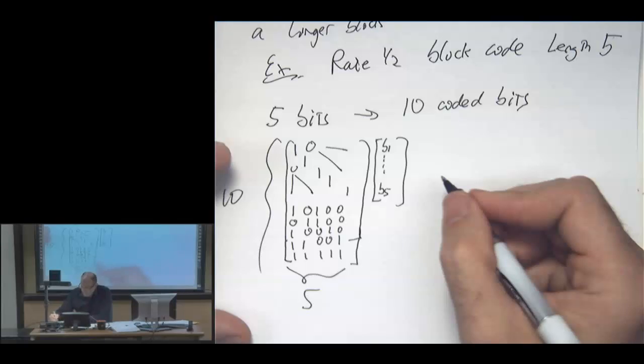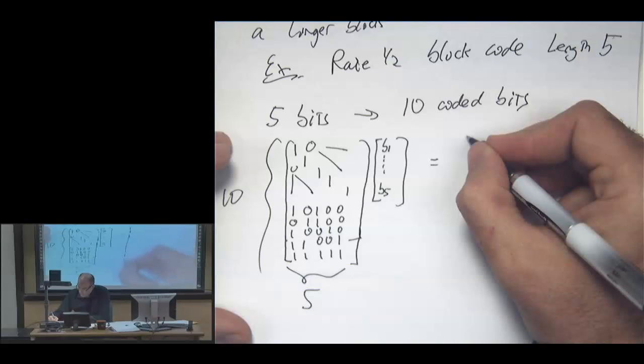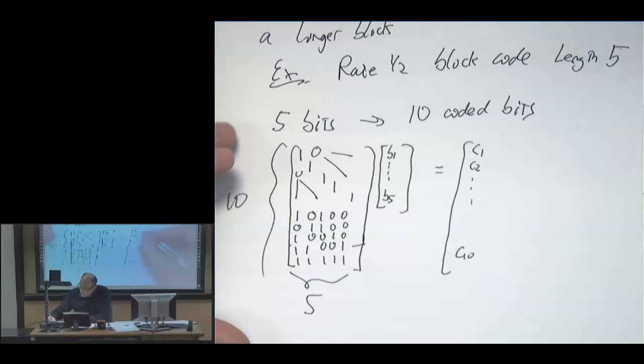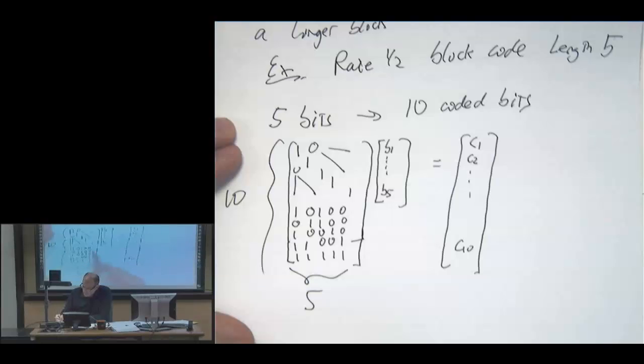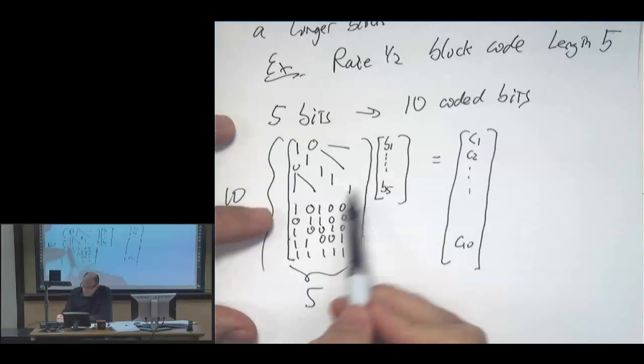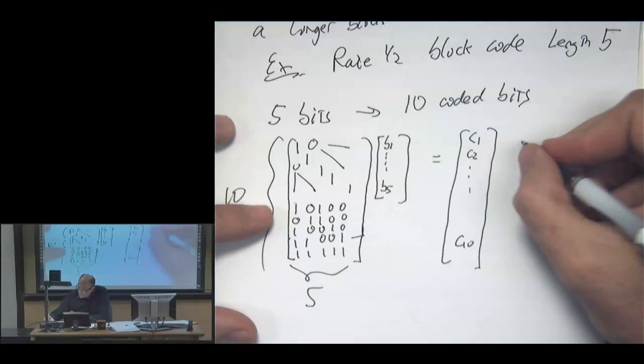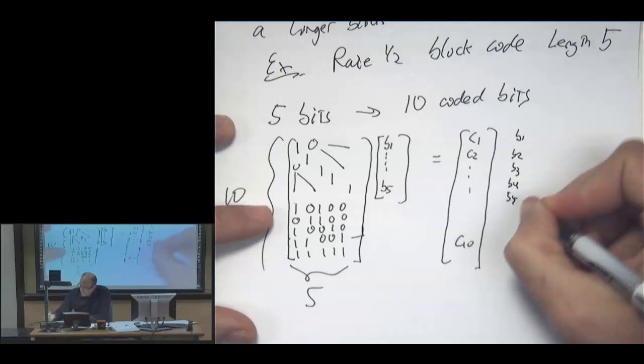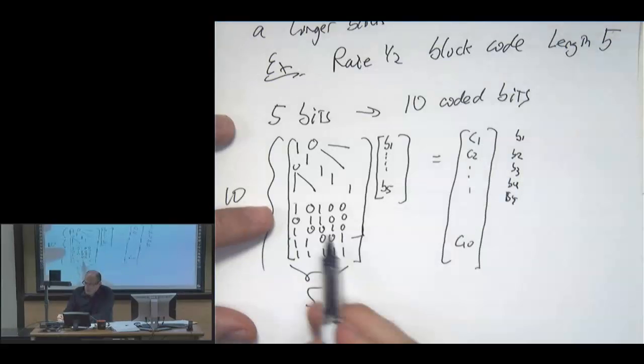You multiply this out, and then the output would give you your coded bit sequence, C1, C2 through C10. Now, one thing I've done with the structure of this code as an illustration is that this right here is an identity matrix. So what you find is that the first 5 bits correspond to the 5 bits that you want to send. And the rest of these are different parity checks.